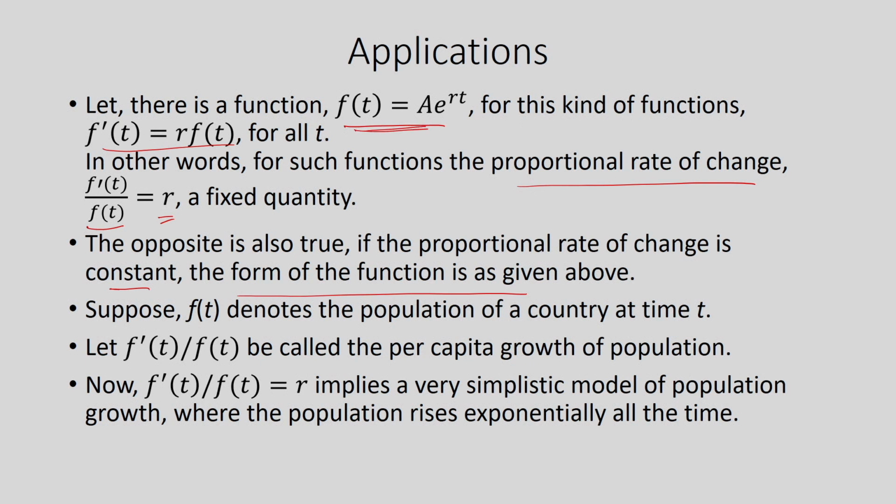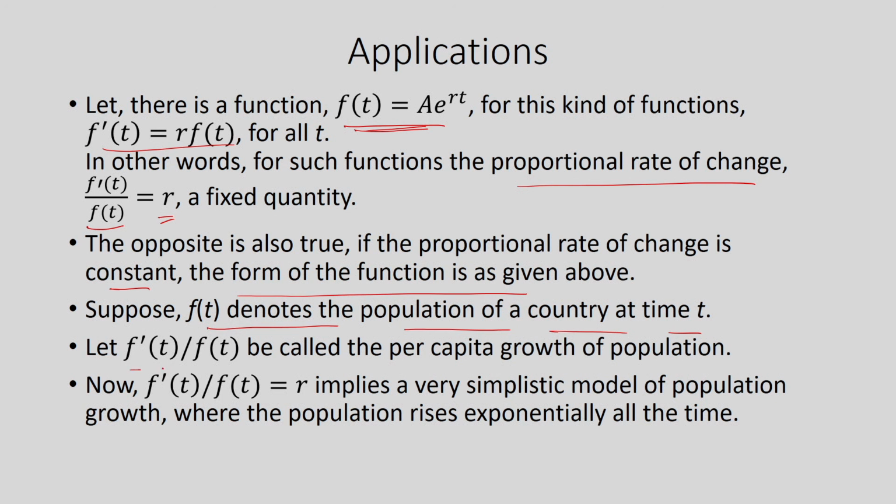Now, suppose f of t denotes the population of a country at a particular time t. As we have seen, f of t is a general function, so I can interpret it in any way we like. Let us suppose f of t is the population at a particular point t of a particular country.